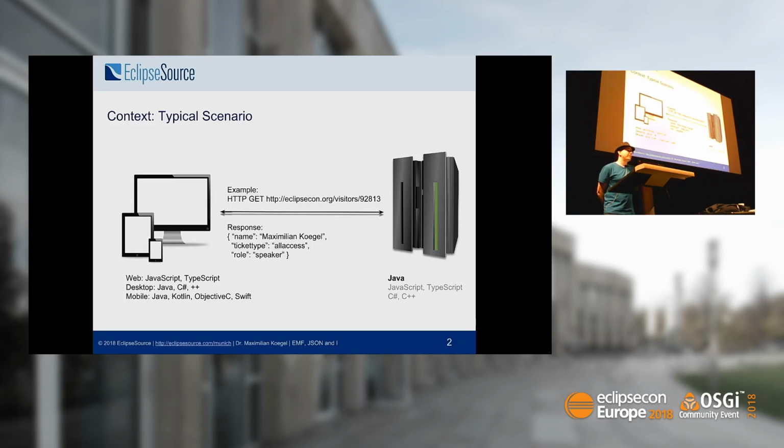You have an EMF model on the back end, and you want to send out some of those objects as JSON or XML. You could, of course, also use that on a client to create responses for a server. So the scenario is a little bit flexible, but that's the general setup that I would like to look at.